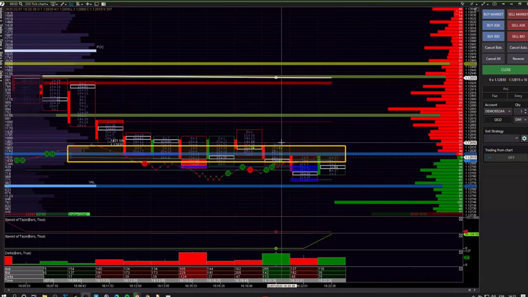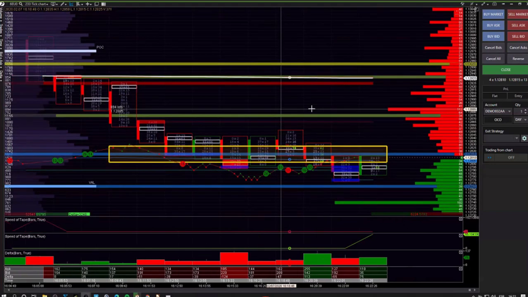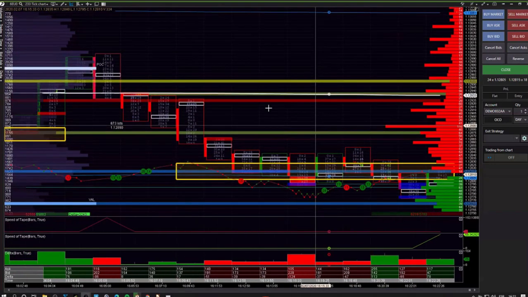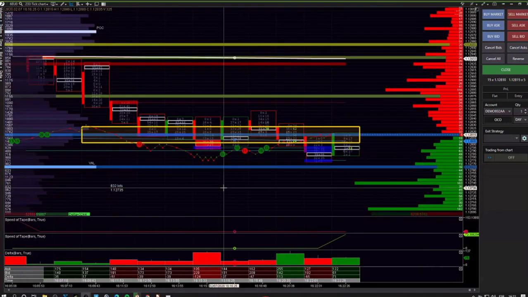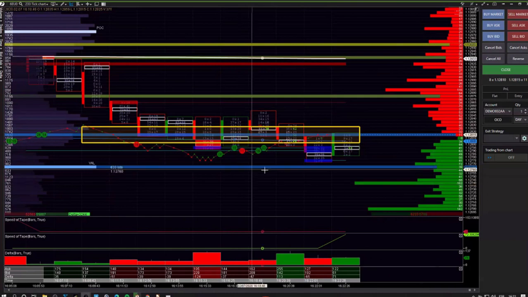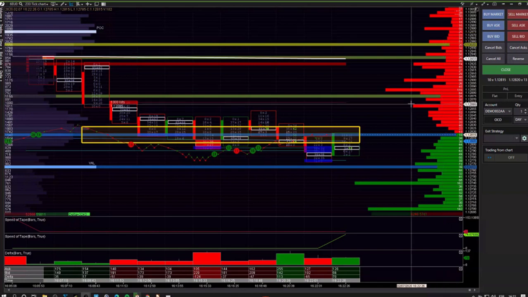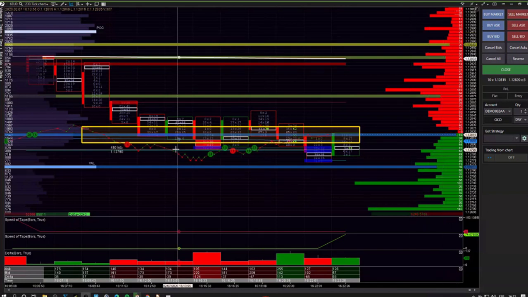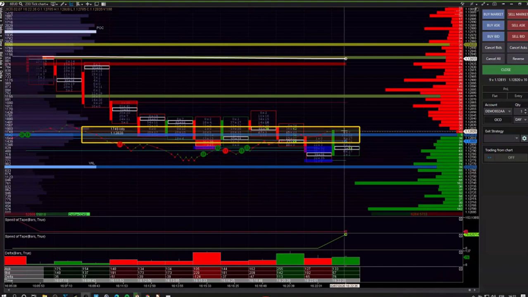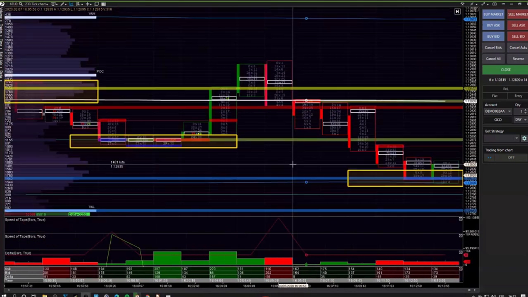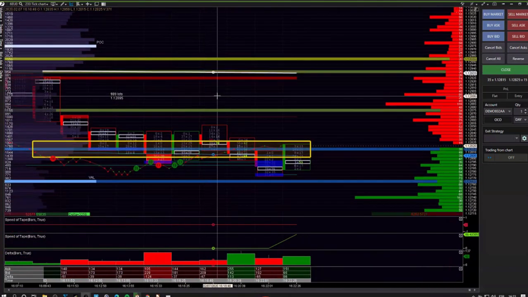But with quantitative trading, you don't have to guess because you have all the information here. You have all the numbers: where the liquidity is, where the pending orders are, where the volume is, what's being traded right now, who's being aggressive. All that information is here.